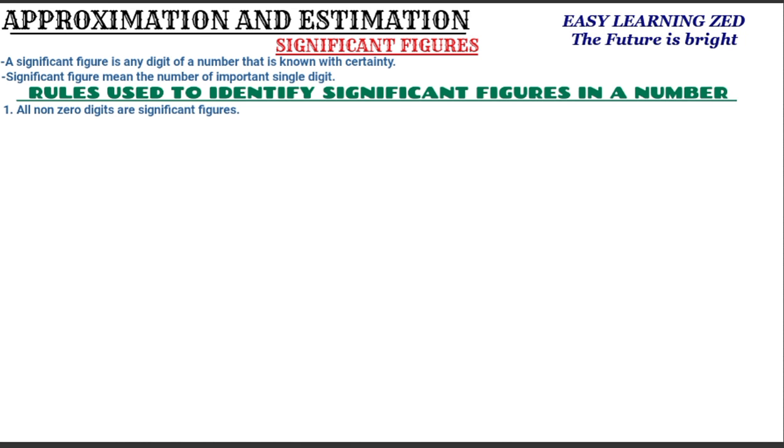So any number that is not zero is a significant figure. Starting from 1 up to 9, these are significant figures. If you go up to 12, 1, 2, that is a significant figure.